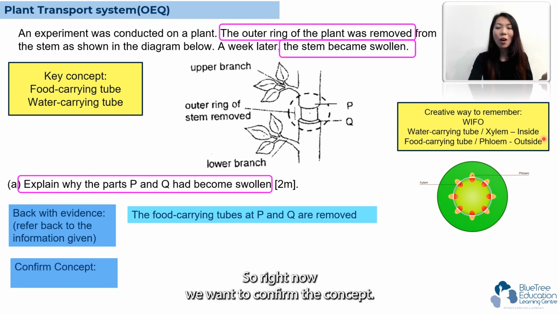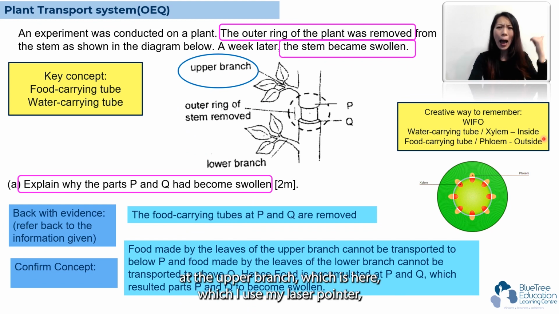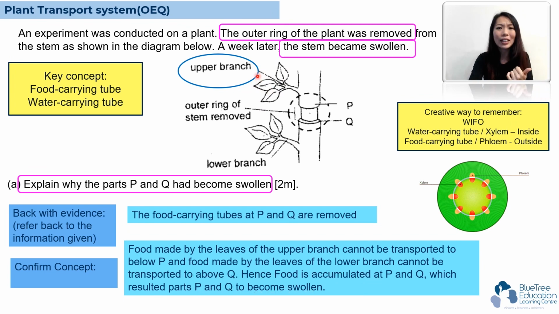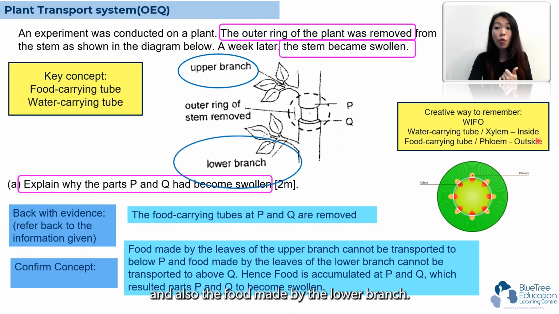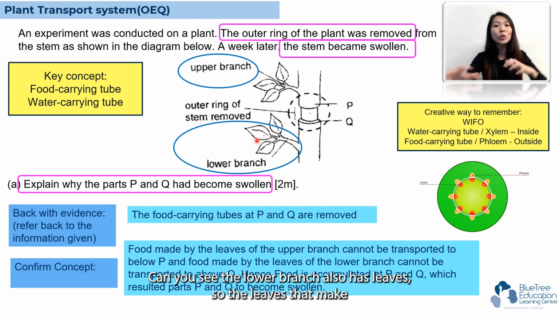So right now, we want to confirm the concept. We know that the food made by the leaf at the upper branch, which is here, which I point out with my laser pointer, cannot be transported to below P. And also the food made by the lower branch, can you see the lower branch also has leaves?